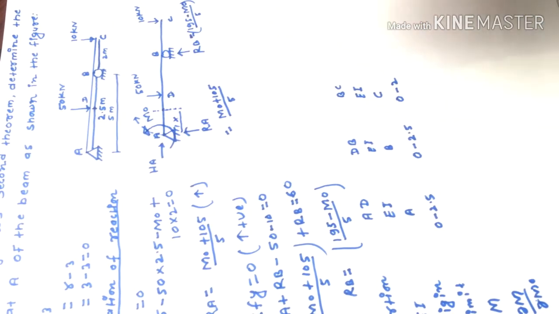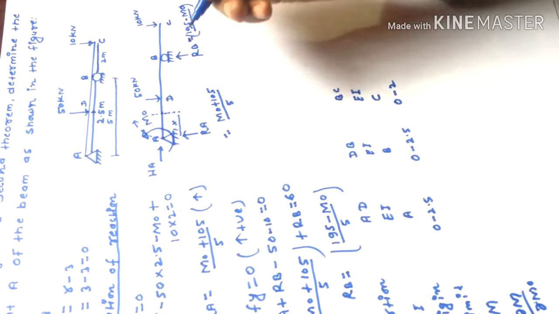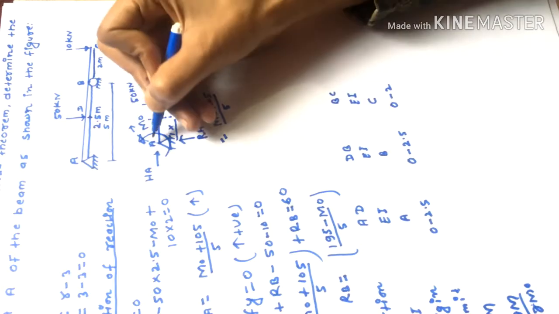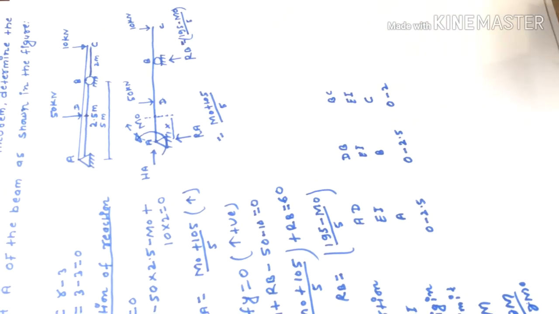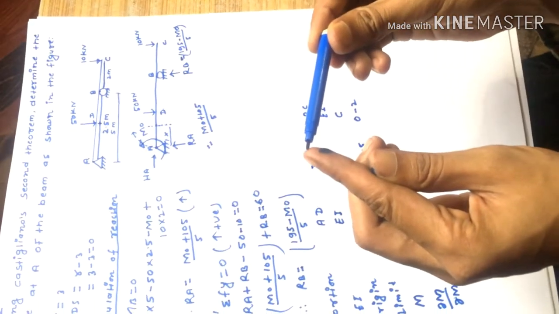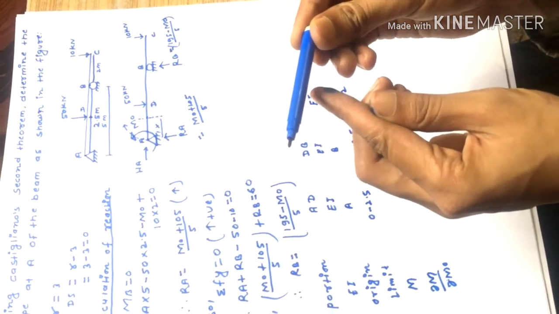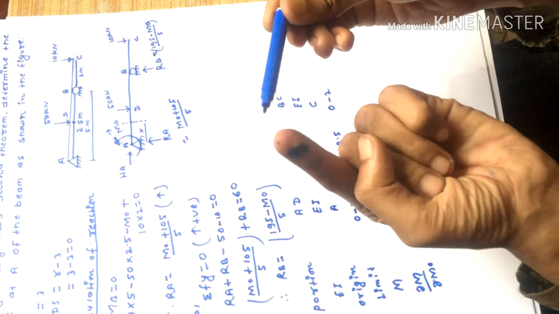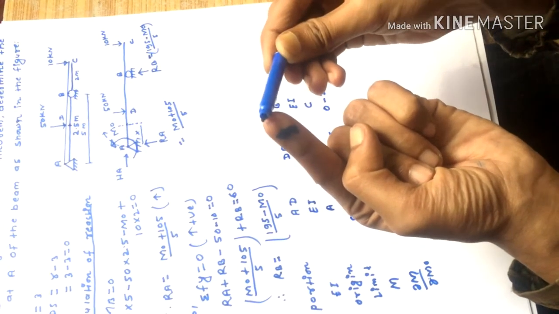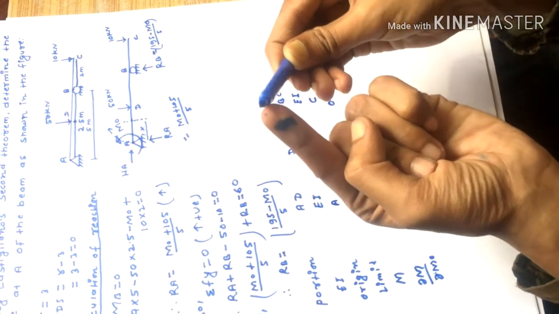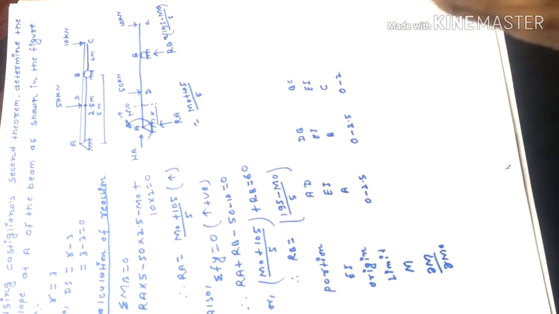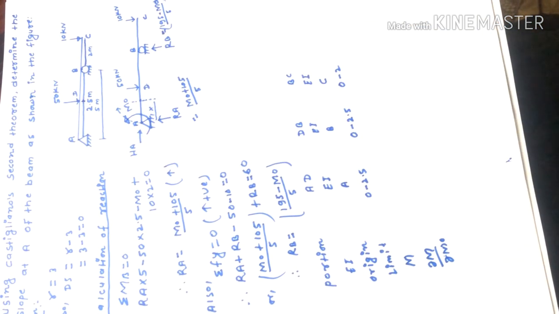In the figure, we can see this RA reaction, that is (m naught plus 105) divided by 5, will rotate this figure in anti-clockwise direction. If this point is the origin and the section is taken at a distance x, let us apply RA. On applying, we can see this is rotating in clockwise direction, and on moving from left to right, clockwise movement is positive.